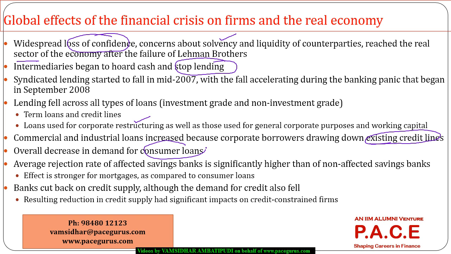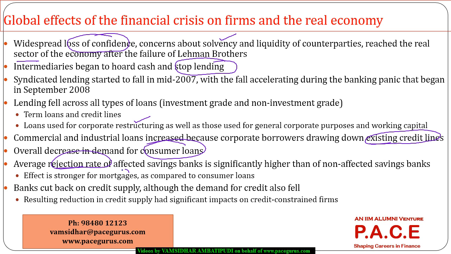But overall we also see that there has been a big decrease in demand for consumer loans during the process. Earlier it was subprime lending, but now the rejection rate has affected the banks very badly. The number of rejections is significantly higher than at any of those non-affected savings banks.